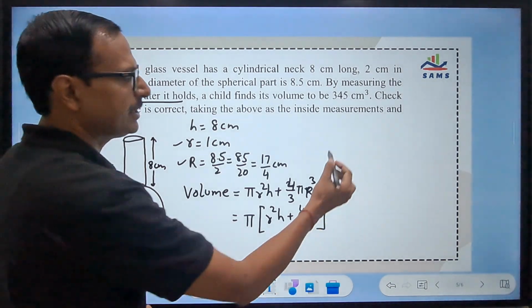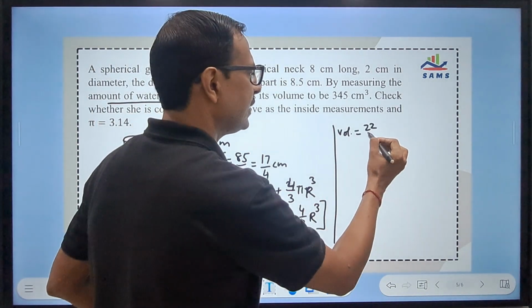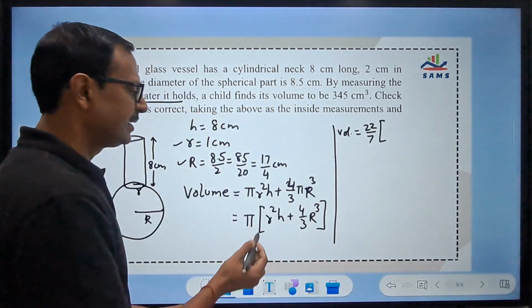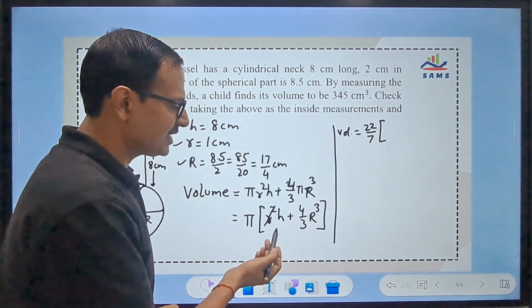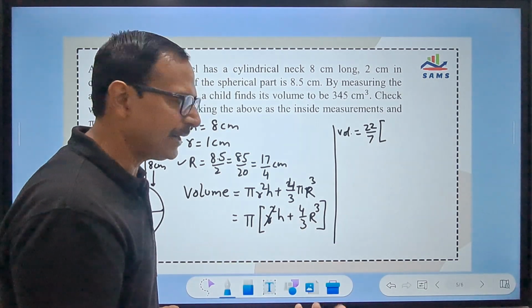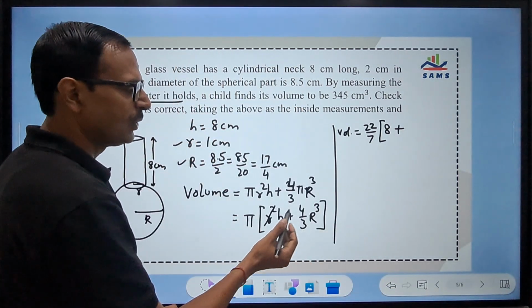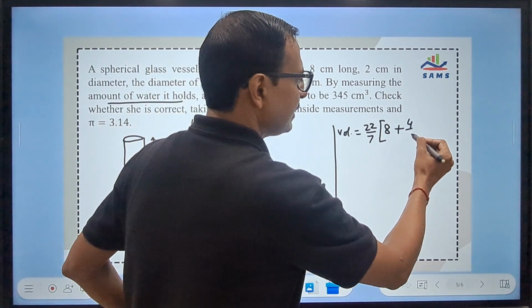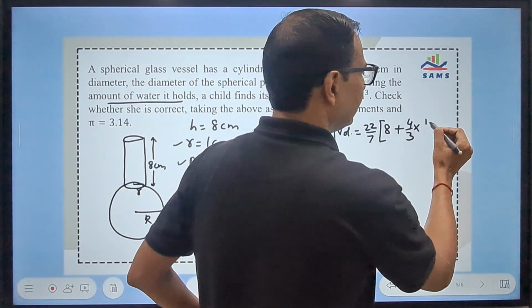So that gives you pi times r square h plus 4 by 3 R cube in the bracket. Now I can put everything here and get the volume. So pi is 22 by 7 times r square h. Small r is 1, so I don't need to write 1. 1 square is 1, which gets multiplied by h and gives you h only, right? So h is 8, so I'll just put 8 plus 4 by 3 times R cube. Now this is where the problem is, 17 by 4 cube.